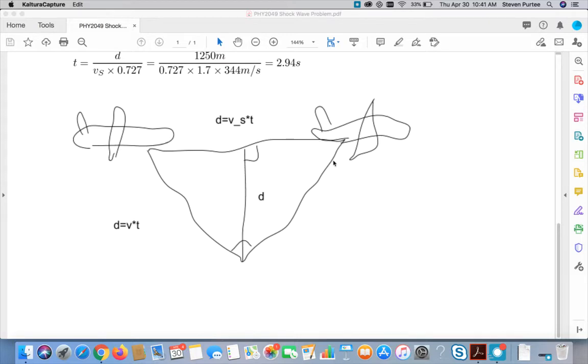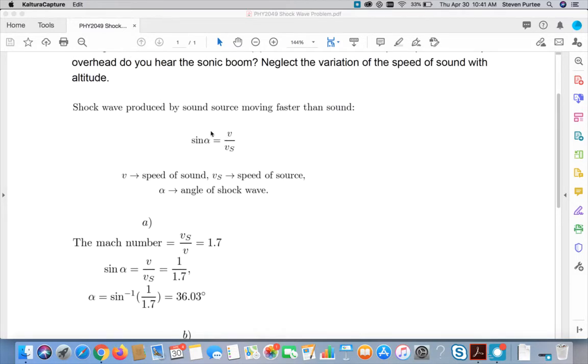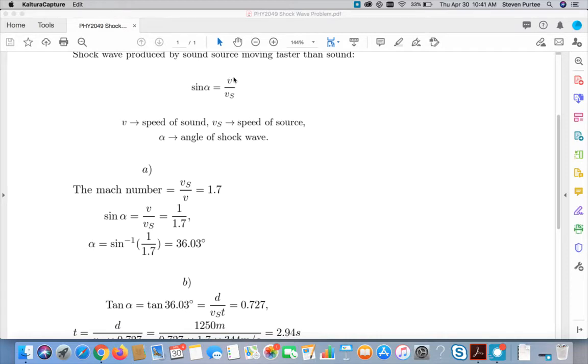So sine of alpha here would be Vt over Vst. The t's would cancel and we get sine of alpha is V over Vs. V is the speed of sound in air. Vs is the speed of the source. We're told our Mach number is just the reciprocal of that.